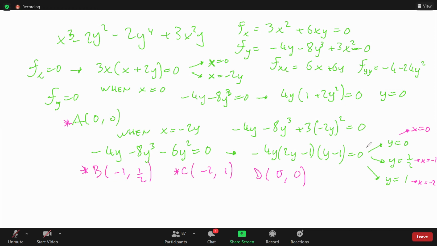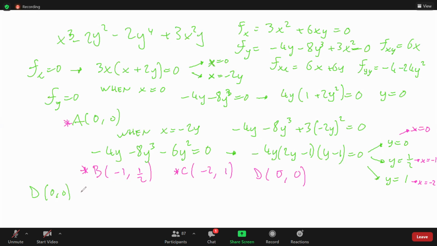The partial derivative fxy is equal to 6x. So now we have the discriminant at the point 0, 0.